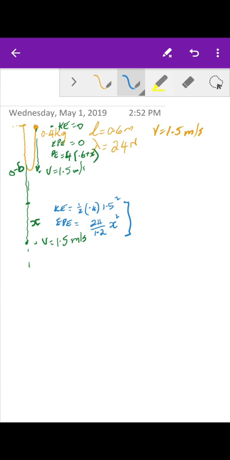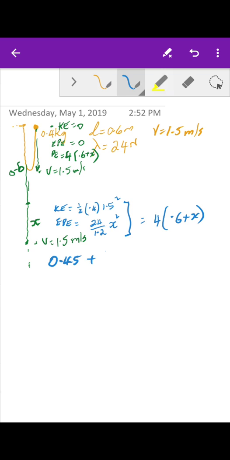Now this is going to equal 4 times 0.6 plus x. So let's get this formula, and a half times 0.4 times 1.5 squared, that all equals 0.45.